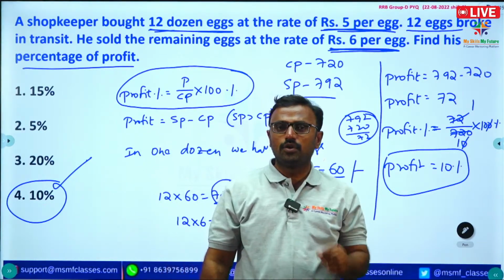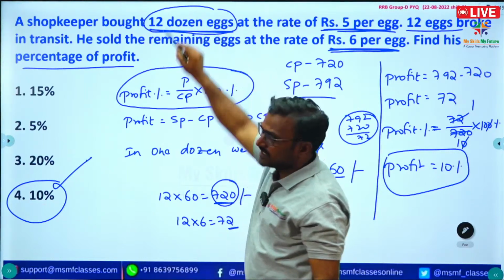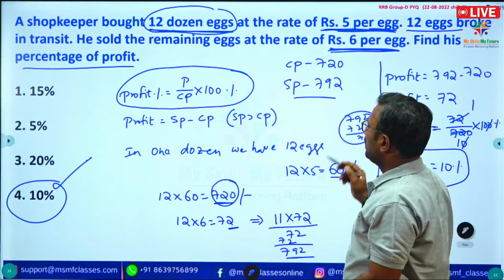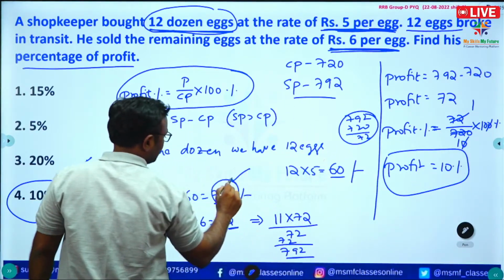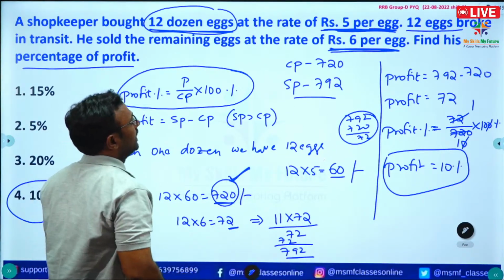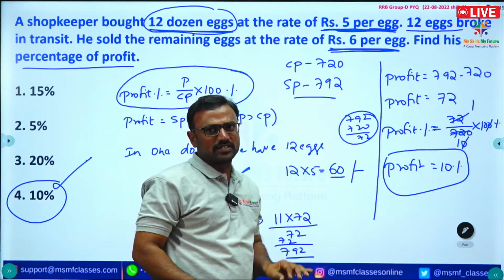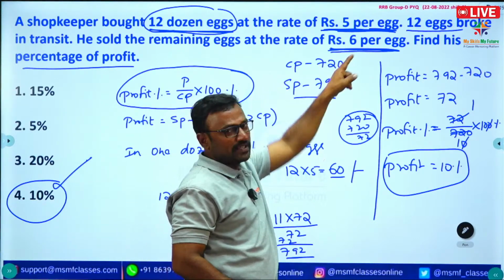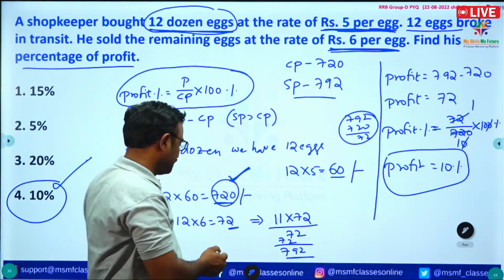Option 4 is the correct answer. Here, they purchased 12 dozen eggs. Each egg costs 5 rupees, so the total cost for 12 dozens is 720. 12 eggs broken means 1 dozen eggs are broken. The selling price of each egg is 6 rupees, so the selling price of 1 dozen eggs is 72.